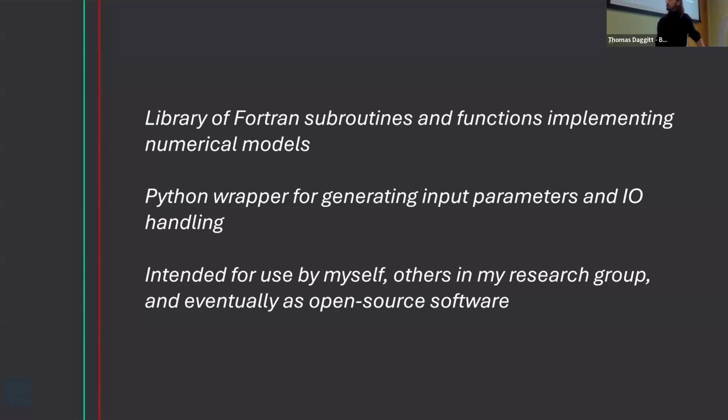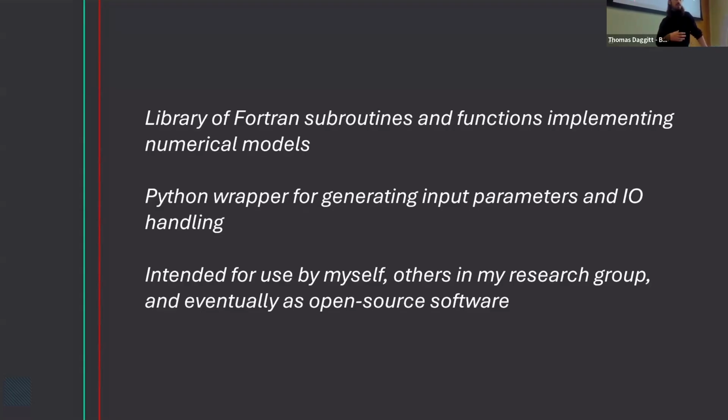So to try and solve this problem, I'm in the process of putting together UBiKuity, which is a library of Fortran subroutines and functions which implement various numerical models that I need to model these systems. Around that, I'm developing at the same time a Python wrapper for generating inputs and parameters to the field models, and also handling various inputs and outputs of the physical models.